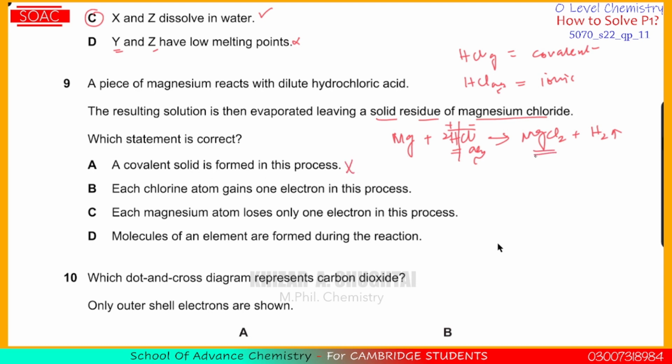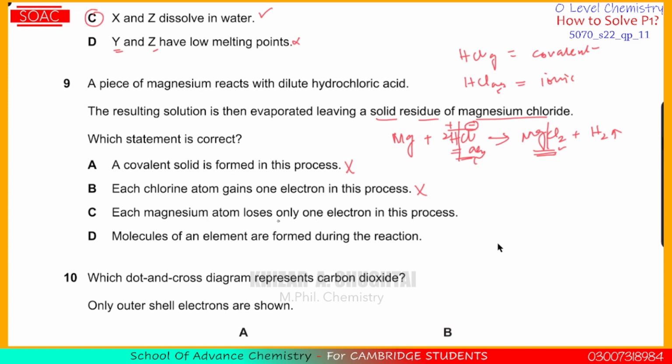This is an ionic compound. Each chlorine atom gains one electron? No, it is initially a Cl negative ion in HCl and still a Cl negative ion in MgCl2, so there is no loss or gain of electrons by Cl.